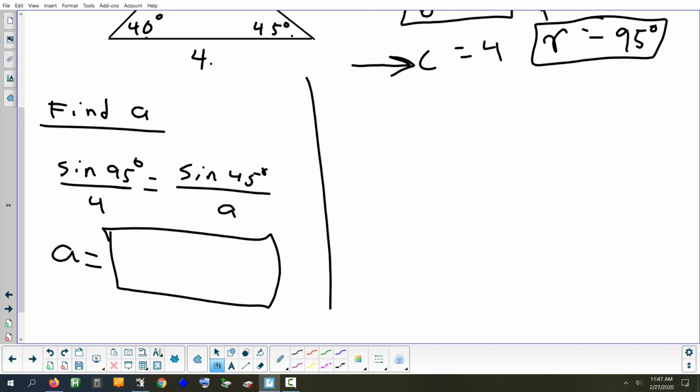Sam, could you tell me what my fraction would be for A? When you cross multiply and then get A by itself before you plug it into a calculator. So when you cross multiply, you have 4 sine 45 equals A sine 95, right? And then what about once you get A by itself?